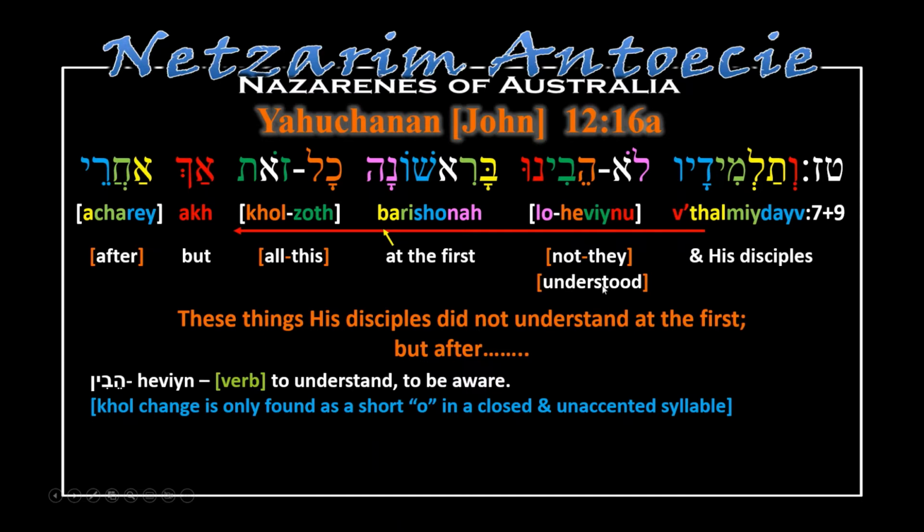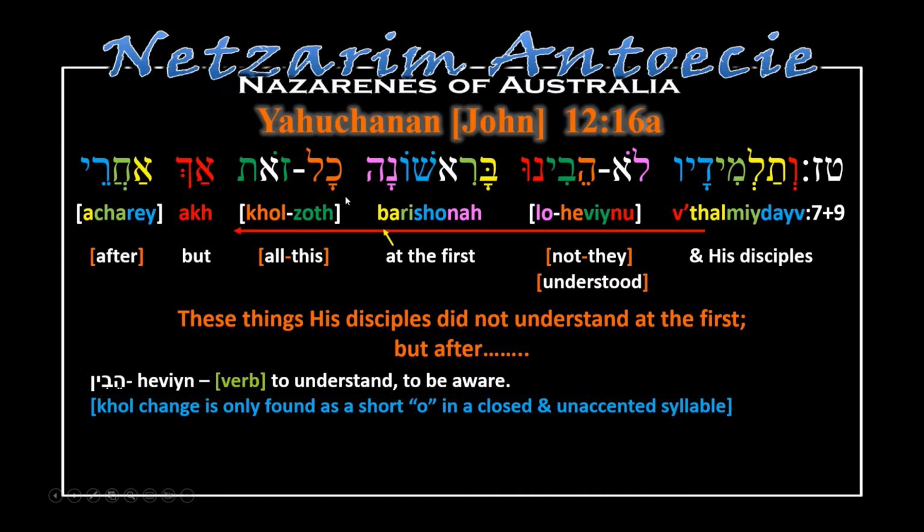Not they understood. So let's have a look at that word. Hevin is a verb to understand, to be aware. And then we have Barishona, at or in the first. Not they understood, at the first or in the first.